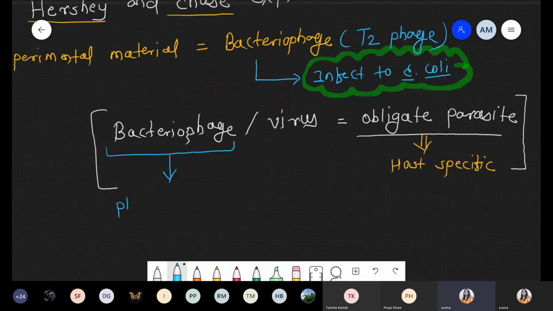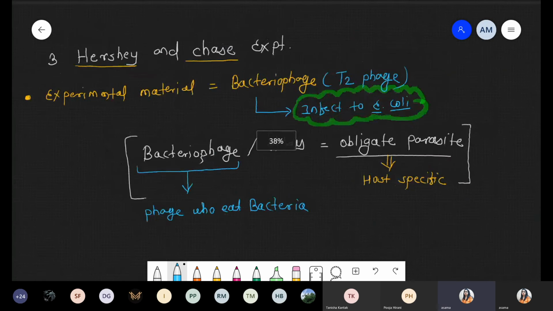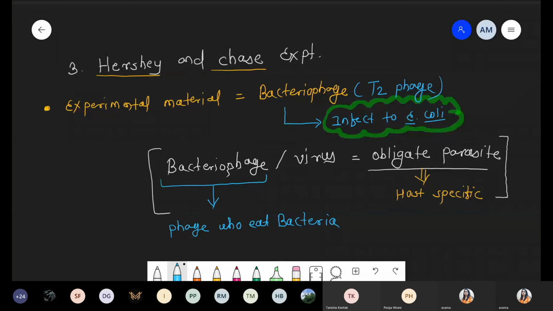That phage or virus which eats bacteria, such type of virus, such type of phage, is simply called bacteriophage. And remember, all the viruses are obligate parasites, means they are host specific. Got it? This part is clear, everyone? Yes or no?